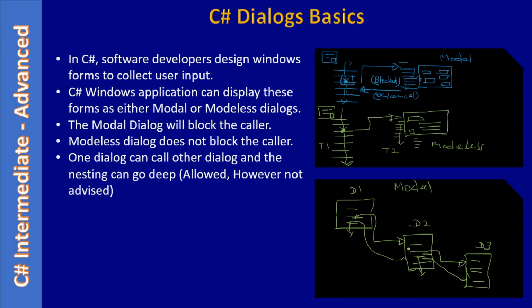Then it came here to collect all the personal information, but for one specific name, they kept a field as read only. Let's assume like that. And if the application calls one more dialog just to collect the user's first name, middle name, and last name to have that in a formatted way, then you can see how the nesting is going on.